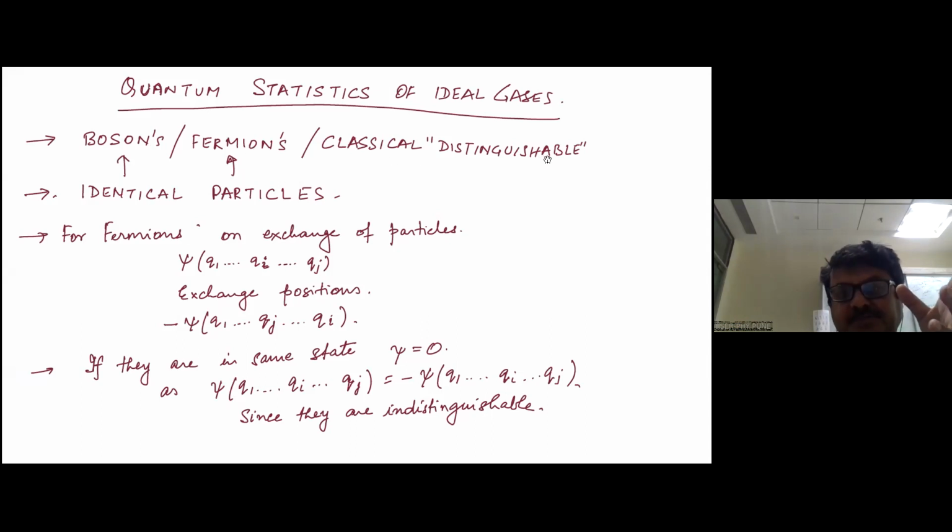Of course, at the microscopic level, there's nothing which is classical and distinguishable, but at the macroscopic level, we can distinguish between two objects. Microscopically, if the positions of two particles were exchanged, you wouldn't be able to distinguish between them.